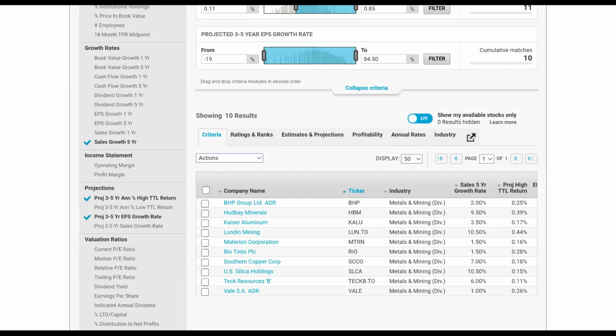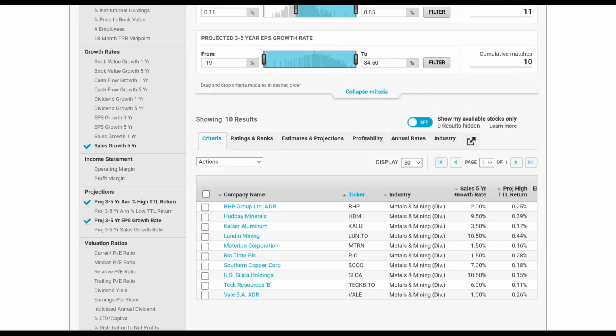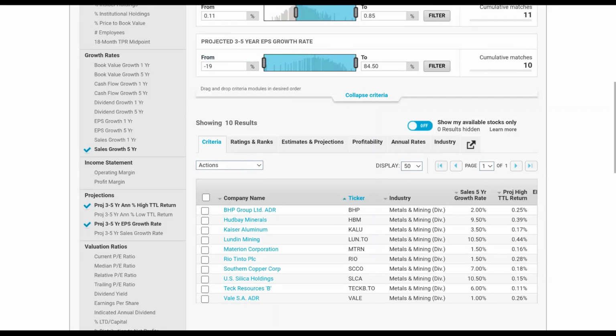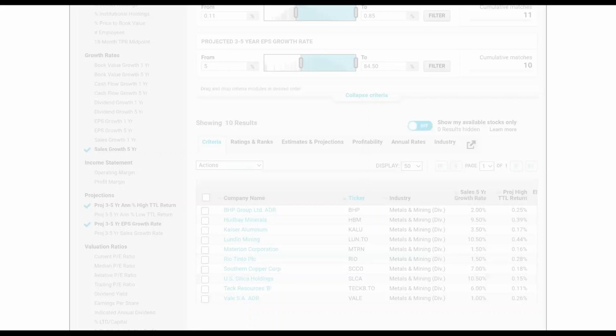But this distribution of lines is actually a graph, and each one of those lines represents a company. And by sliding this to the left, if I can grab it, I'm going to take it out to like 5.5 because I want something that's going to grow.